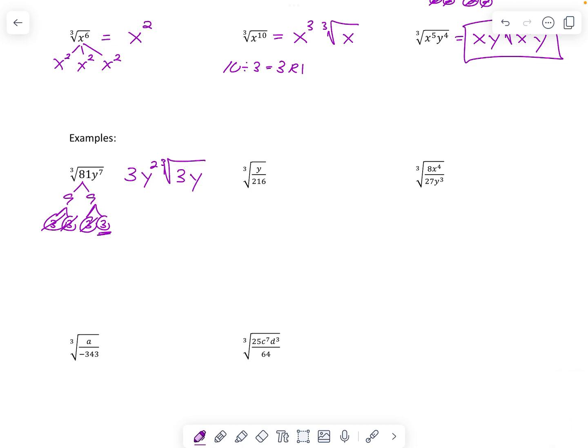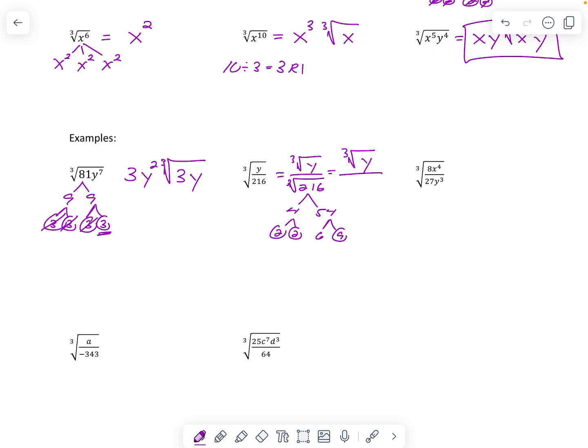So this next one is the same as the cube root of y over the cube root of 216. So this cube root of y is going to stay on top. There's nothing we can do to simplify that. But 216, holy cow, I'm going to try a bigger number here. So 216 divided by 4. Okay, so let's do that. 4 times 54, that at least broke it down a little bit. 6 times 9.